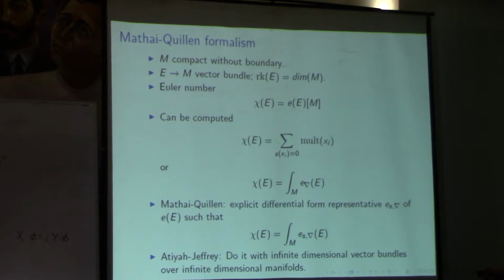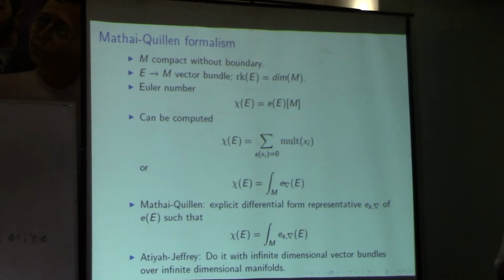Okay? Now, if E were the tangent bundle of M, we know these results as the index theorem, and this one as the Gauss-Bonnet theorem, right? You agree?